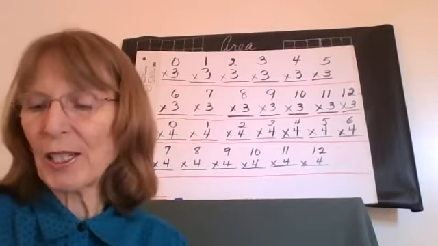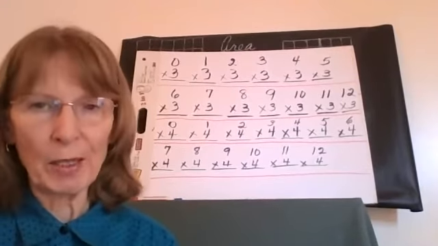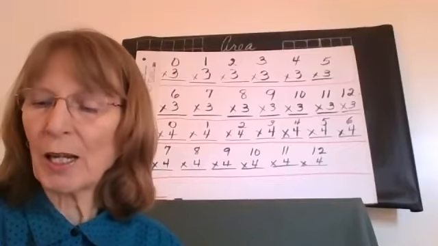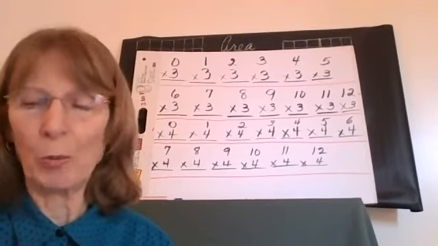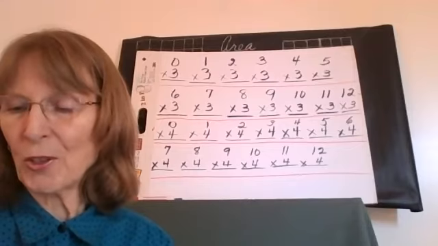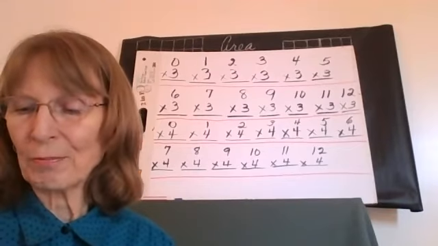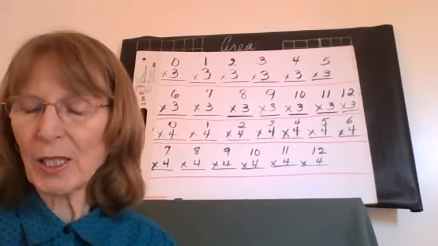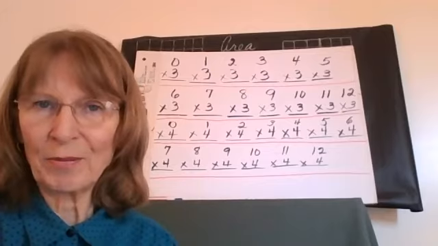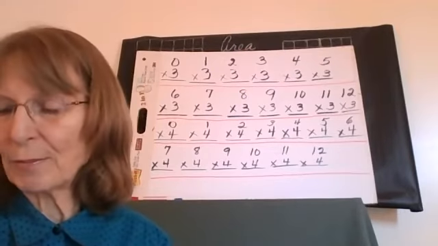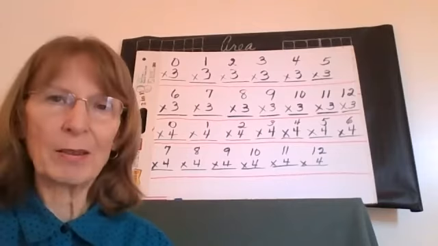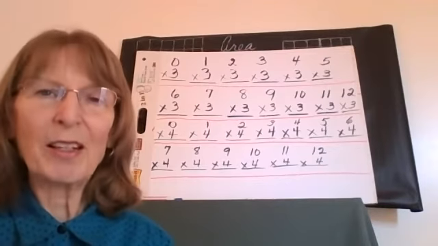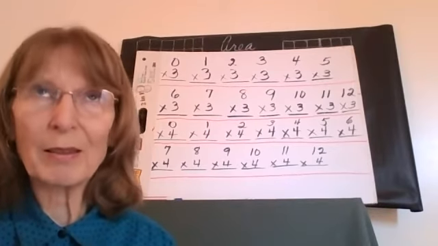All right, let's do D. 4 times 10. This should be quick and easy for you, I hope. You know your tens. 4 times 10. Next one, E. 5 plus 8.